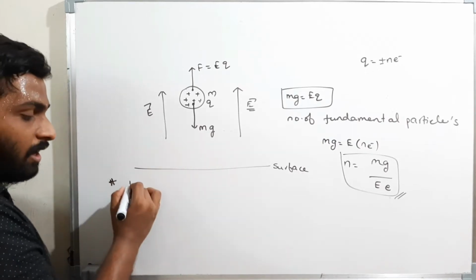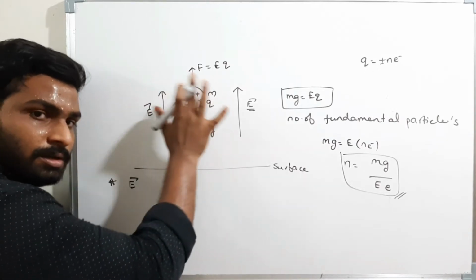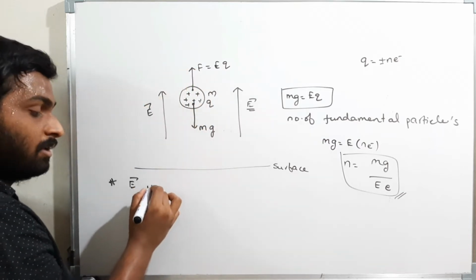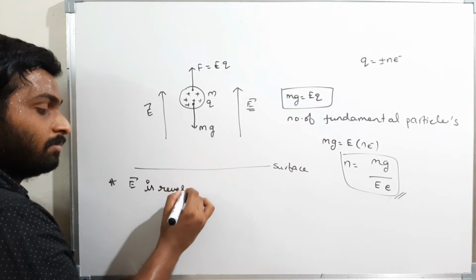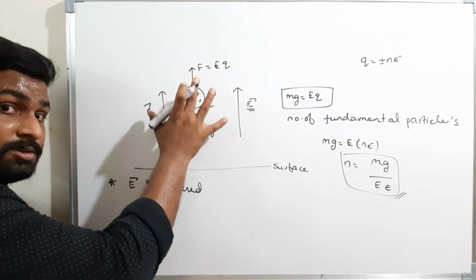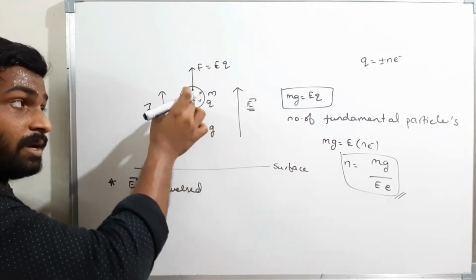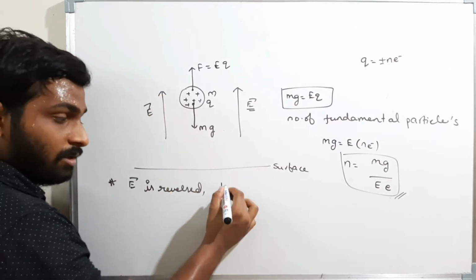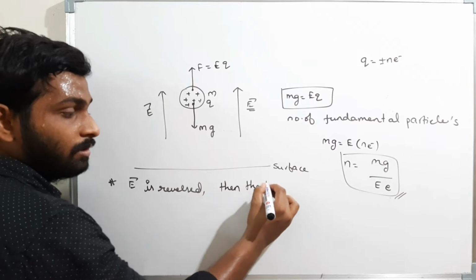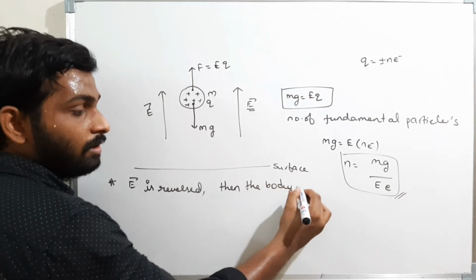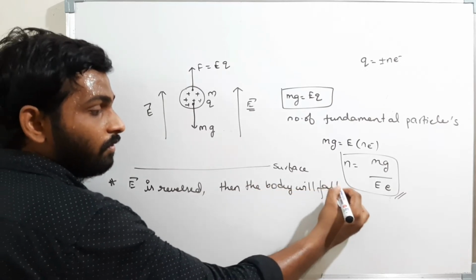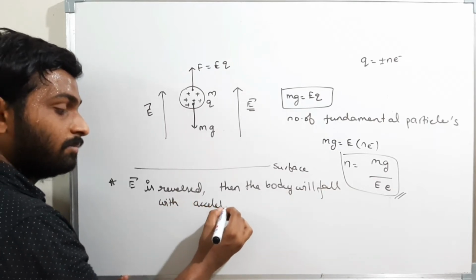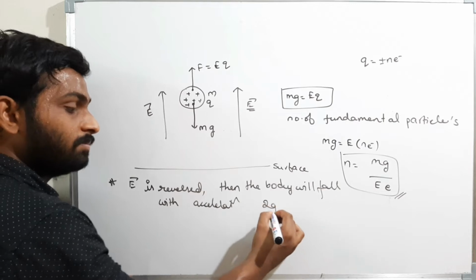Now it is balanced in the air. If suddenly I reverse the electric field direction, then the body will fall with acceleration 2g.